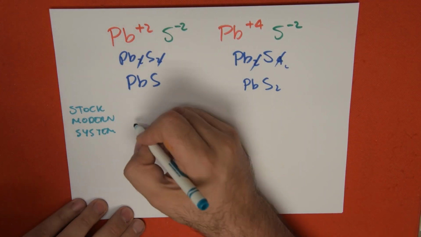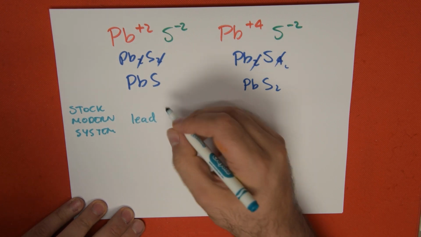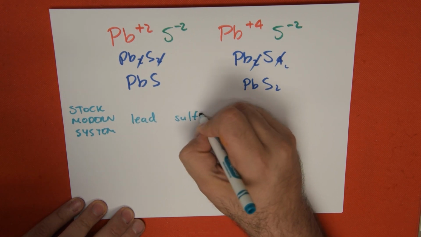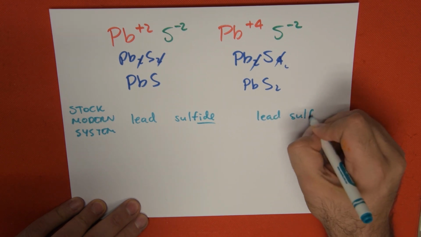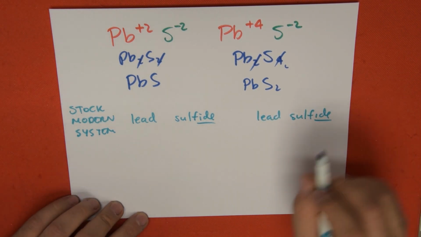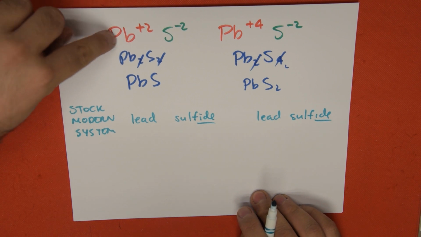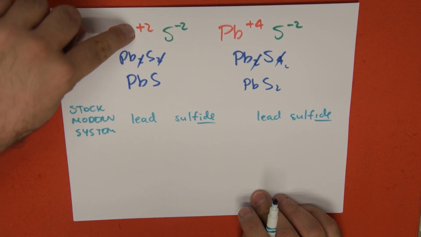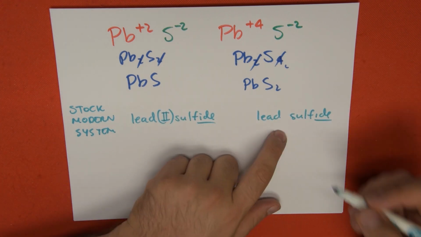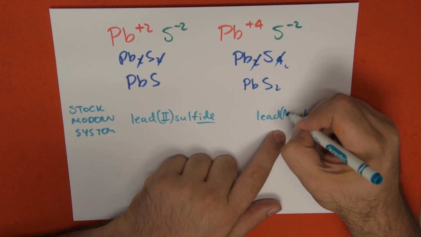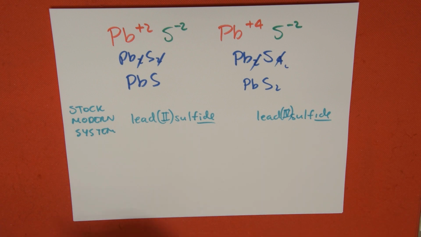So this is going to be lead sulfide with IDE ending. This is going to be lead sulfide as well. However, the valence that we use for this compound is number 2, so this is going to be called lead 2 sulfide, and this we use number 4, lead 4 sulfide with its ending.